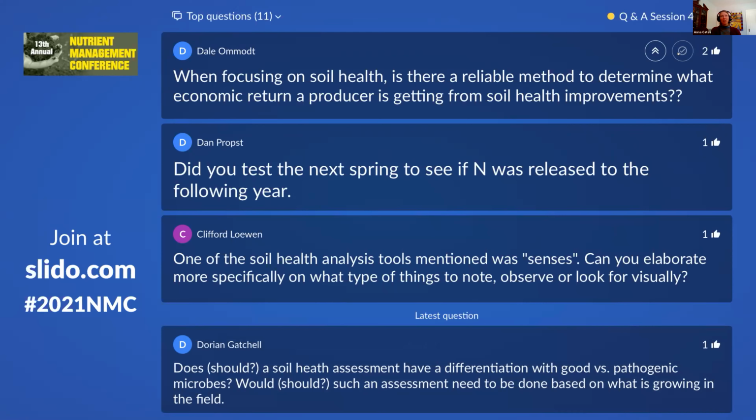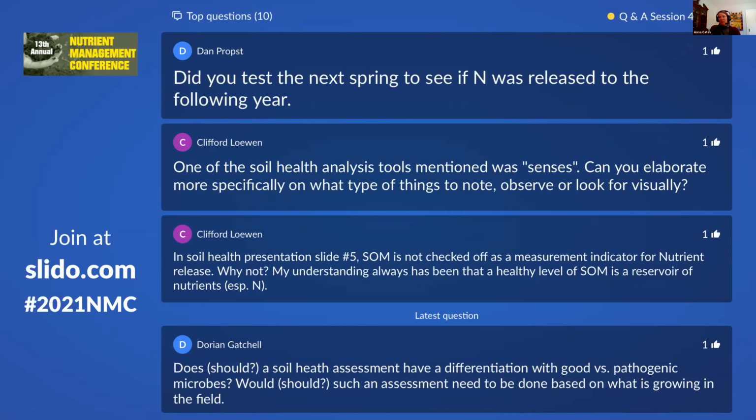You don't see a huge yield increase after that. There are some interesting studies of the long-term benefits of cover crops, and I'm working with a grad student right now to develop a spreadsheet that will estimate that over 5 years and 10 years. So you may not get an economic return in that first year, but we can estimate how it might change over time.